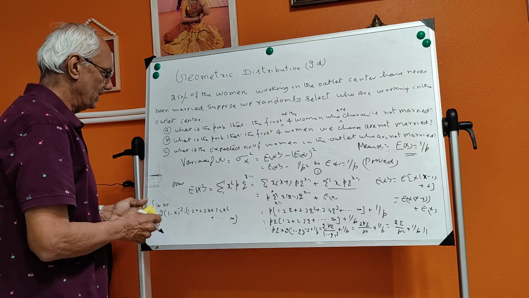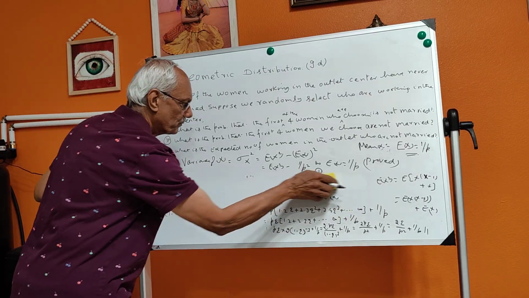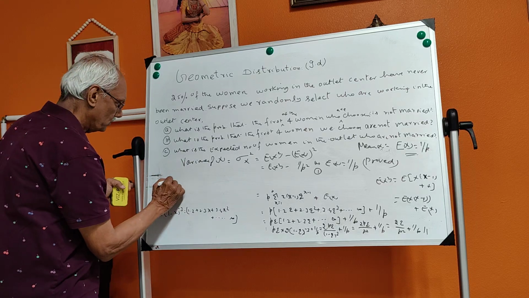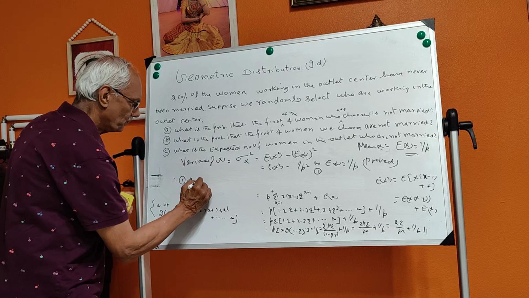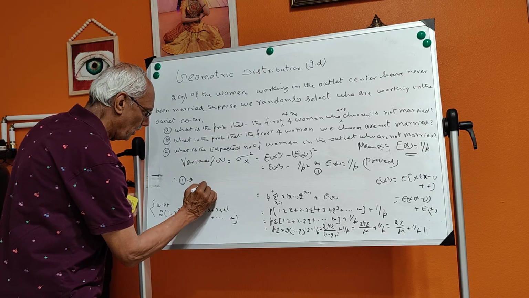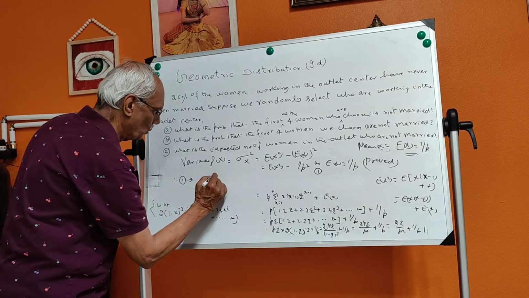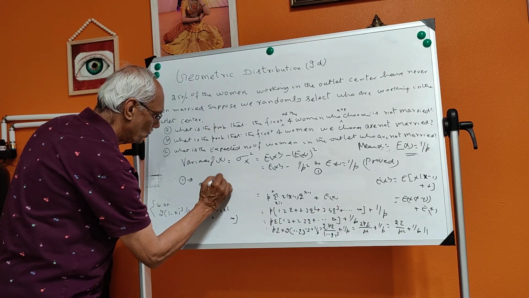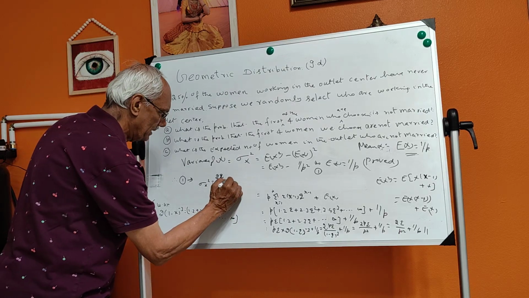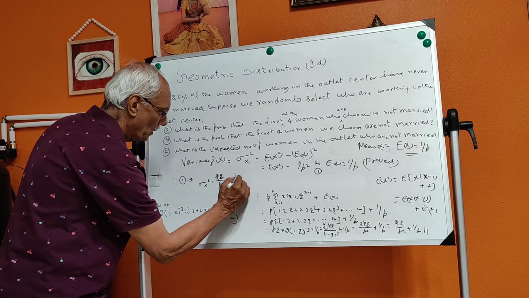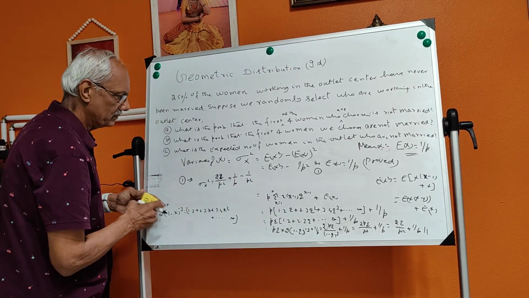So what is it that you will get? Therefore 1 becomes sigma of x squared is equal to E of x squared minus the square of the mean, which is 2q divided by p squared plus 1 by p minus 1 by p squared.